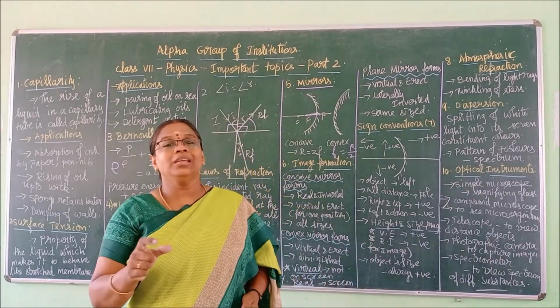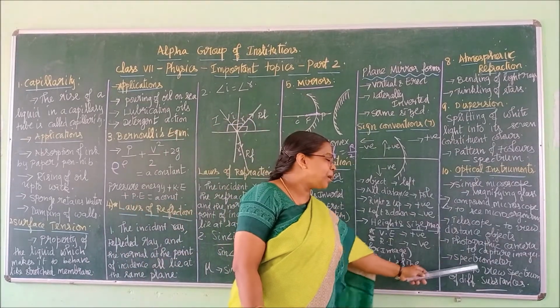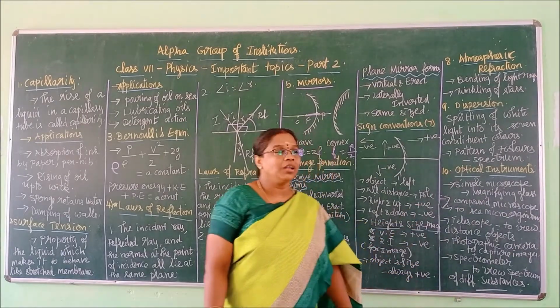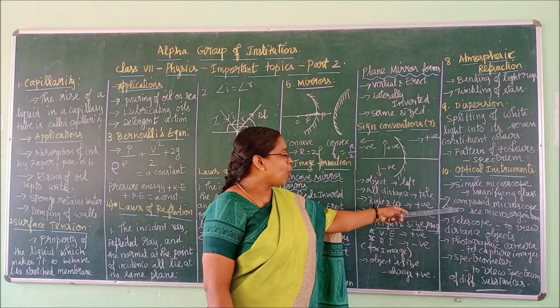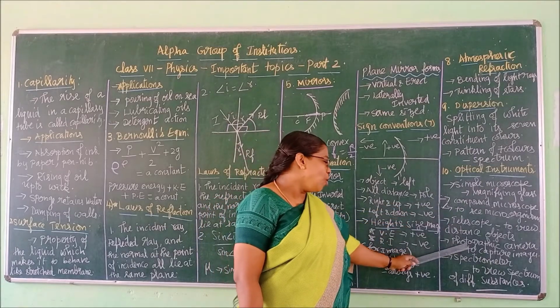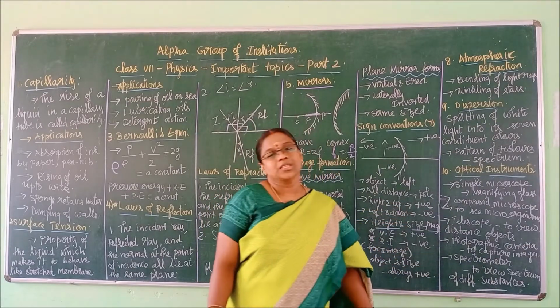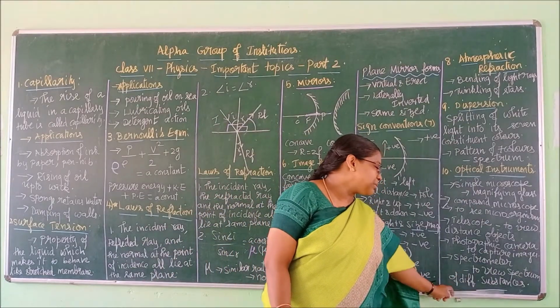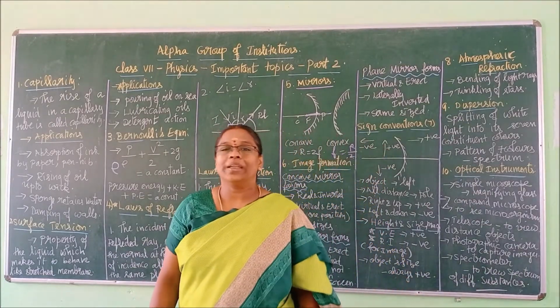That spectrum is analyzed by the spectrometer. So what are the five instruments we have learned now? Simple microscope, compound microscope, telescope, photographic camera and spectrometer. To view the spectrum of different substances we use the spectrometer.